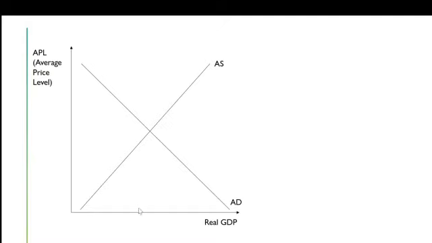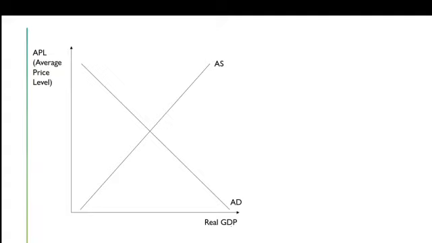Then, obviously, we've got real GDP, which you guys will probably all know about. And then we've got, as I said, these two curves here, AS and AD. As you can probably guess, the reason AD slopes downwards is that as average price level decreases within the economy, the amount of goods and services demanded will increase. So this is why your real GDP will increase, because the amount of goods and services is increasing, essentially.